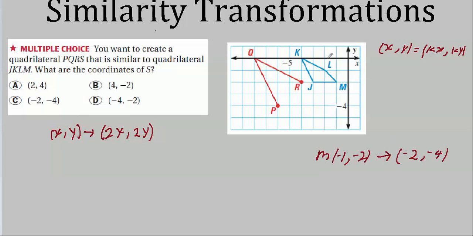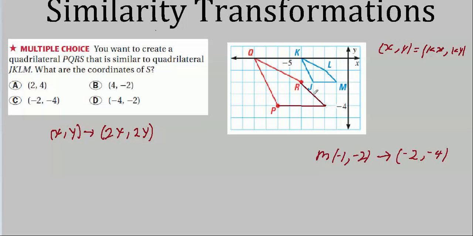Well, there's -2, and there's -4. So there's the point -2, -4. And I just drew the lines in. It wasn't really required, but get an idea if it actually makes sense. And they certainly look similar to me.